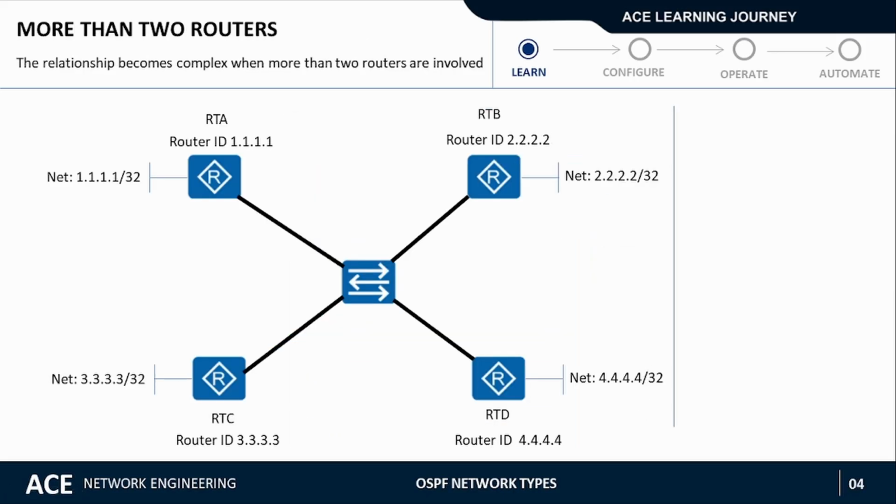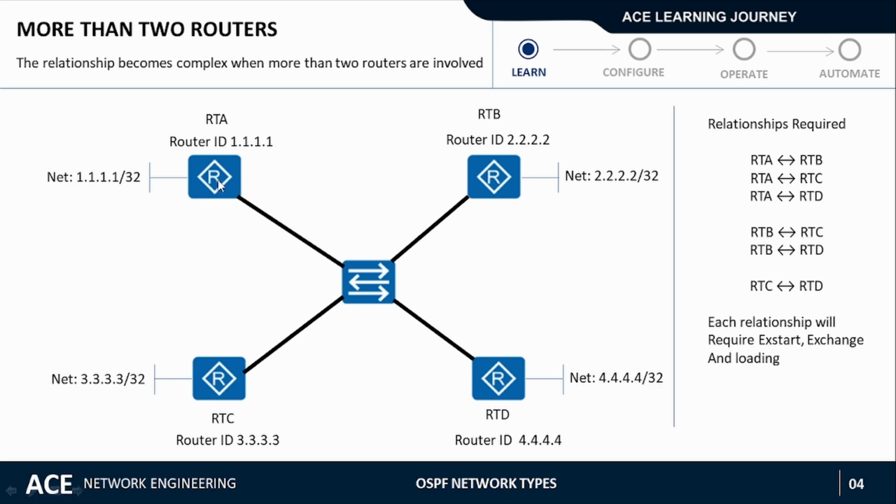But what happens when we have more than two routers forming OSPF on the same network? Each router, to exchange LSAs, because OSPF cannot start forwarding traffic if the whole database has not been built using the LSAs from all the routers, will try to establish an adjacency with every other router.